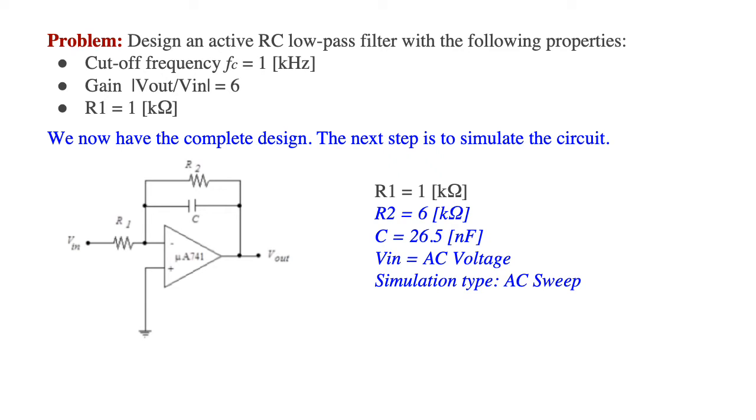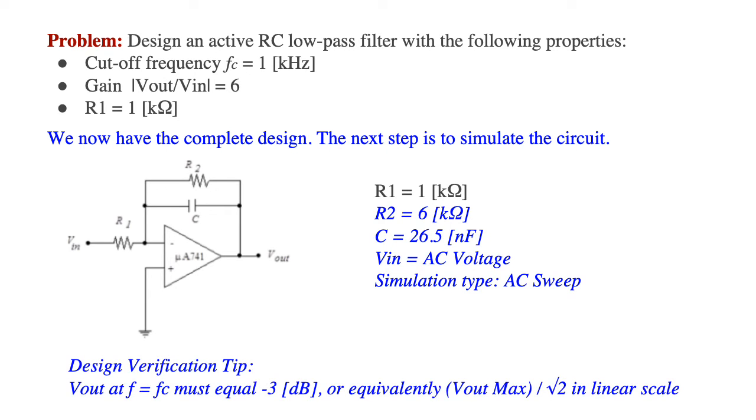A quick design verification tip. Remember that when you measure Vout at the cutoff frequency, it must be equal to minus 3 decibel if the gain is 0 decibel, but it will always be the maximum gain minus 3 decibel.